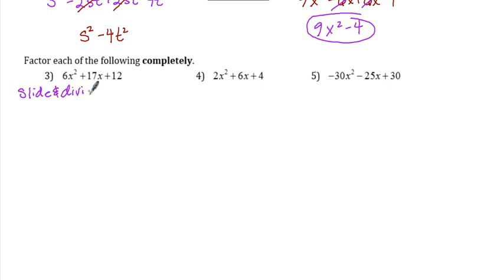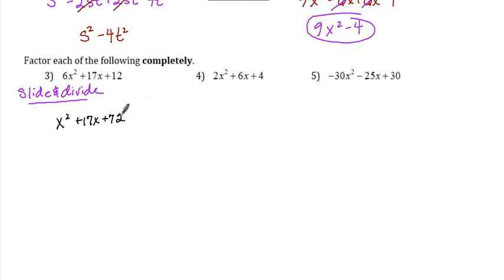All of my students know that I don't prefer this method, but for those that do, what we're trying to do here is think about this problem first as x squared plus 17x, and then let's multiply the first and the last, so it's plus 72.